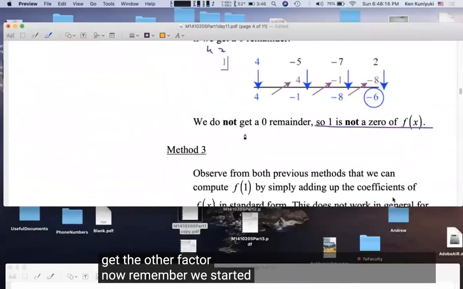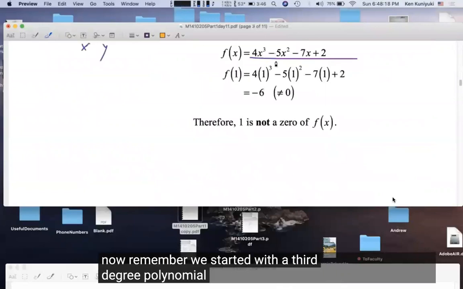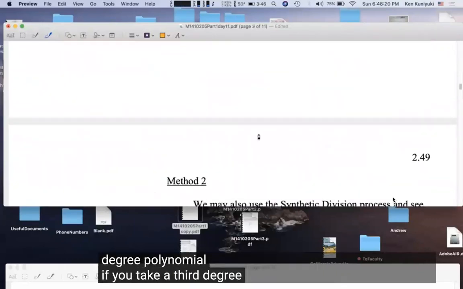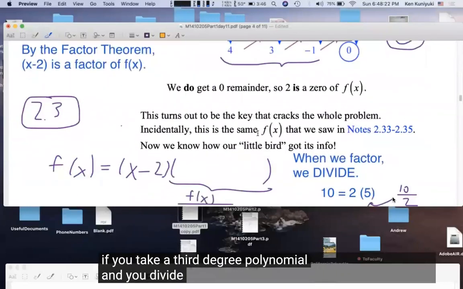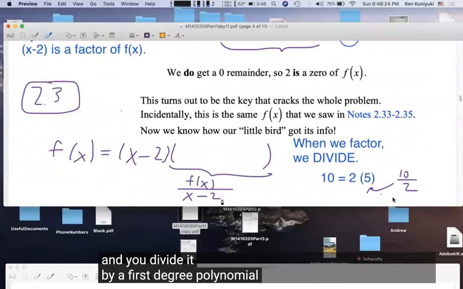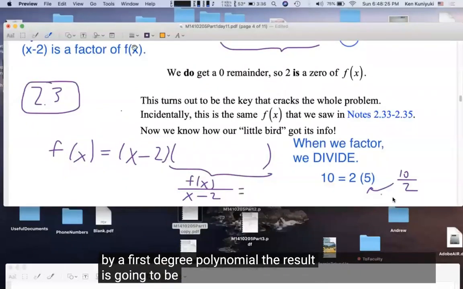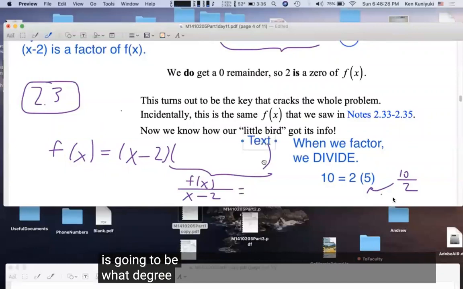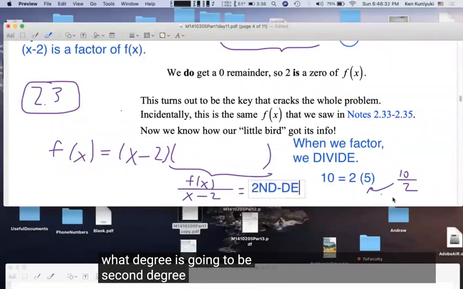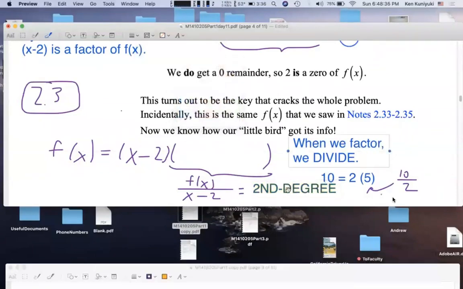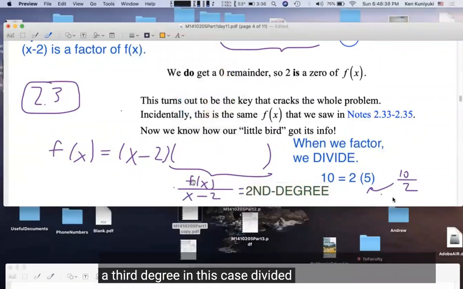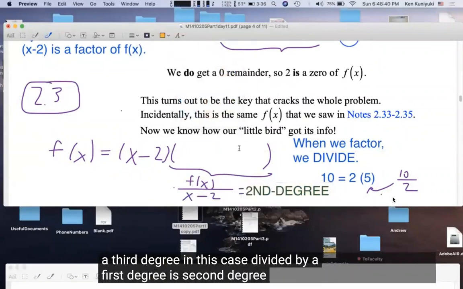Now remember, we started with a third-degree polynomial. If you take a third-degree polynomial and you divide it by a first-degree polynomial, the result is going to be what degree? It's going to be second degree. A third degree, in this case, divided by a first degree, is second degree.